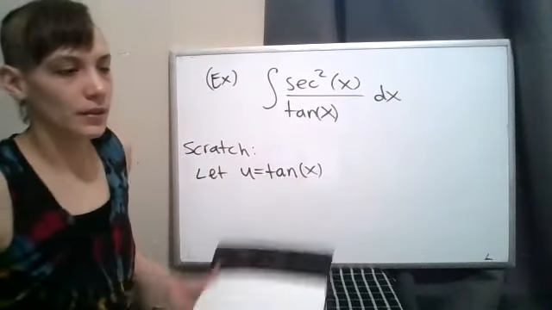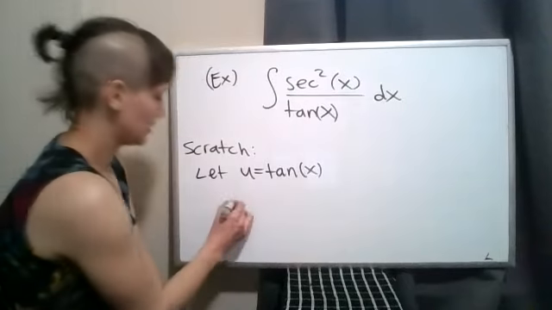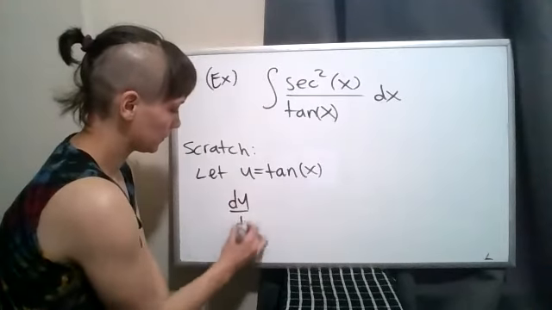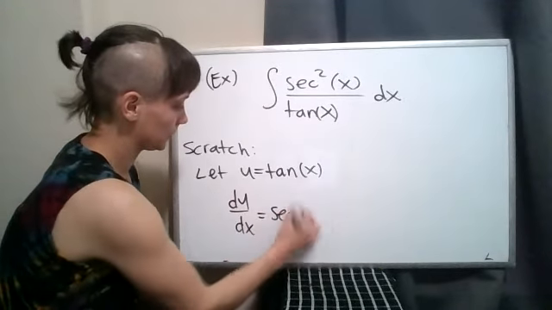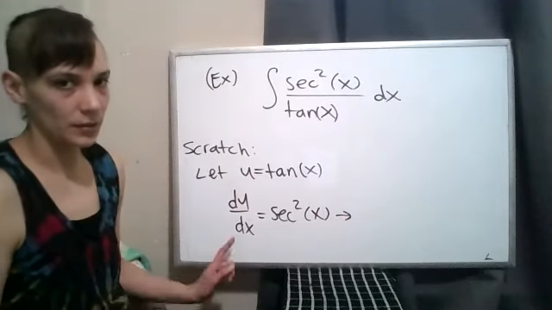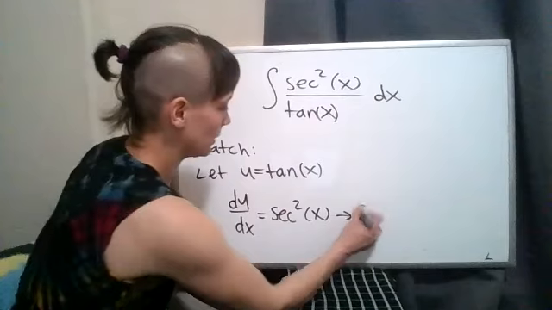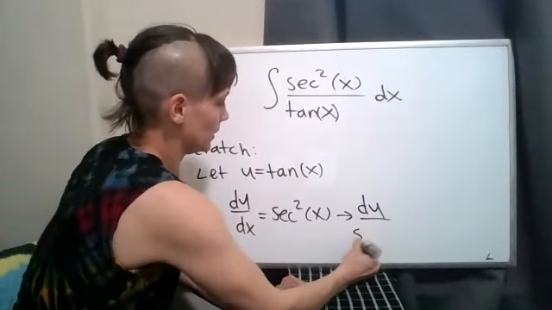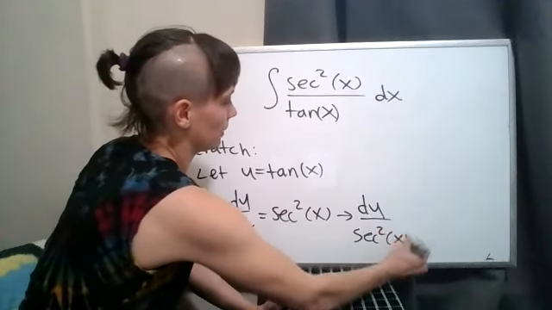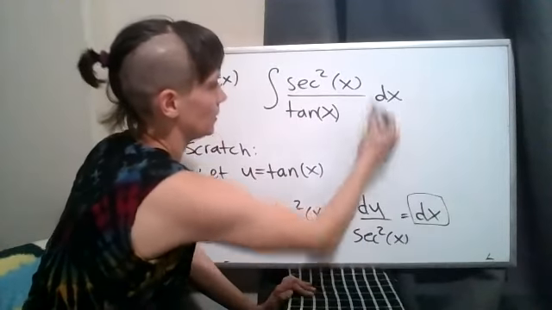The derivative, du dx, is equal to secant squared of x. I like to solve for dx, so I'm going to multiply both sides by dx and divide both sides by secant squared. Du over secant squared.